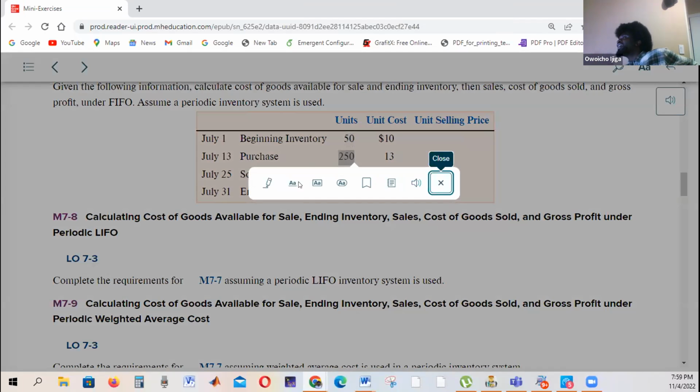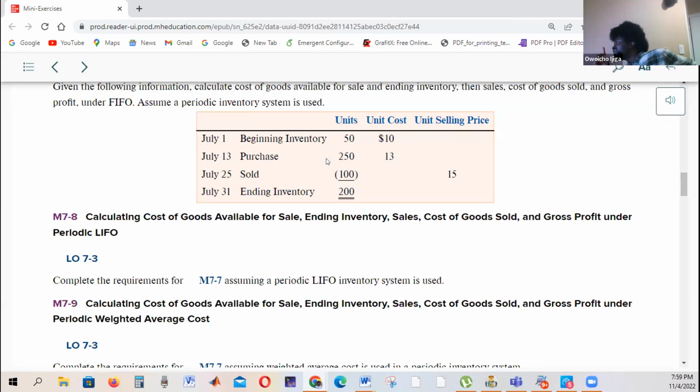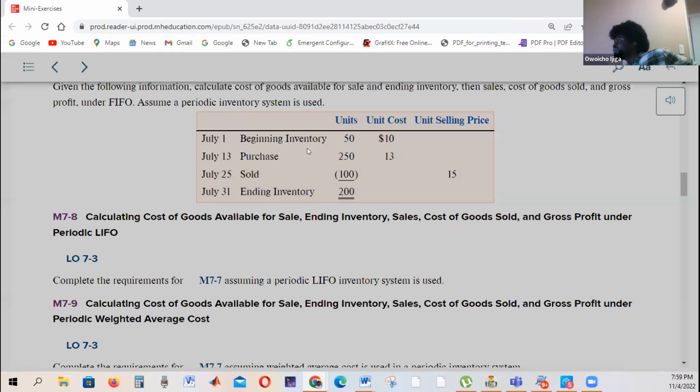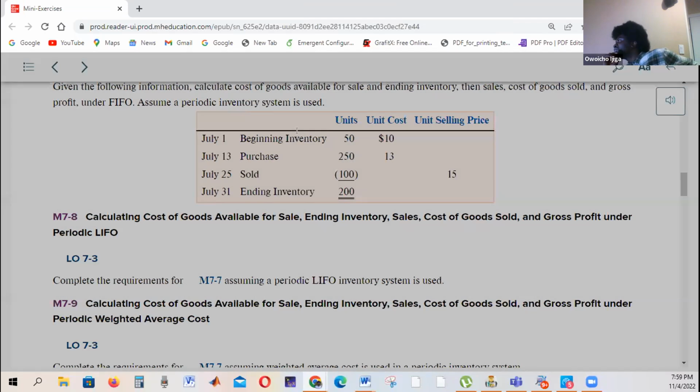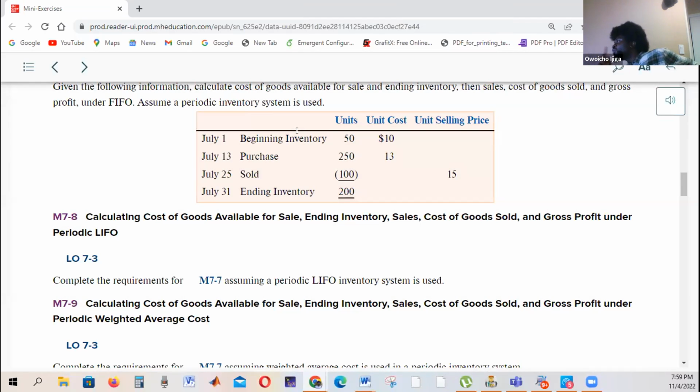But LIFO, because I sell the last first, I go to the purchase and sell 100 out of the 250, and then I'm left with 150 purchase and then 50 beginning. So if I sell again, I will sell the remaining 150 before I go to the beginning inventory under the LIFO. I hope this is clear.